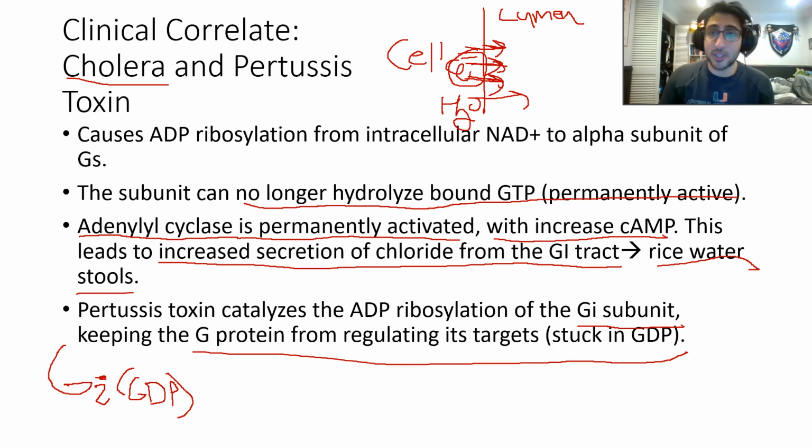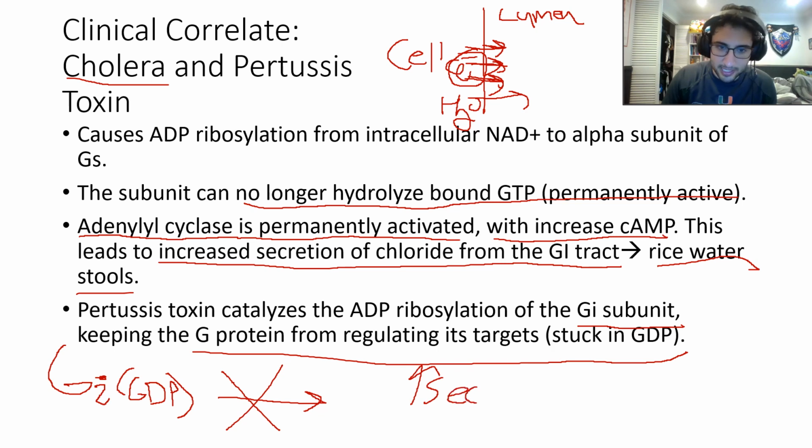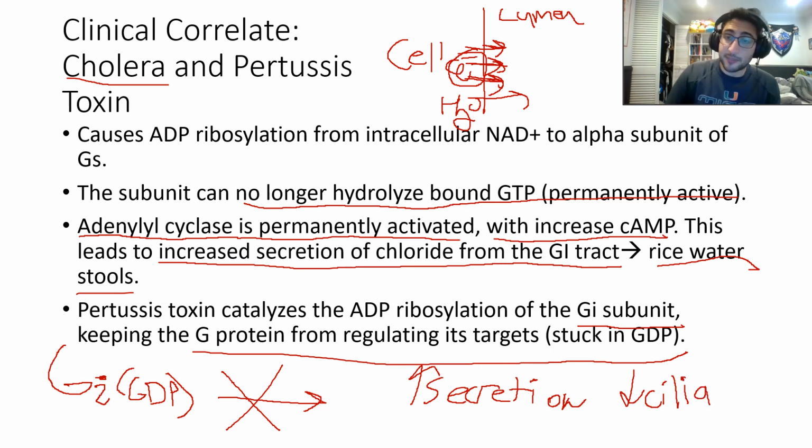Because the inhibitory pathway won't activate, you get knockout of the inhibitory pathway, you're going to have increased secretions and decreased ciliary function. So the cilia that are in your respiratory tract, their function is going to go down. So you have increased secretions and decreased cilia activity due to this. And that's why pertussis is called whooping cough. All right?